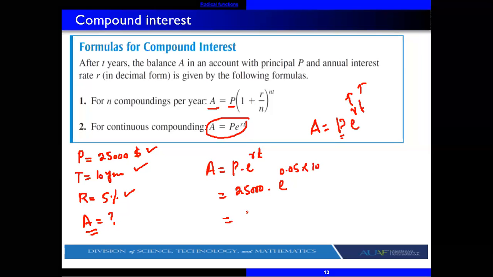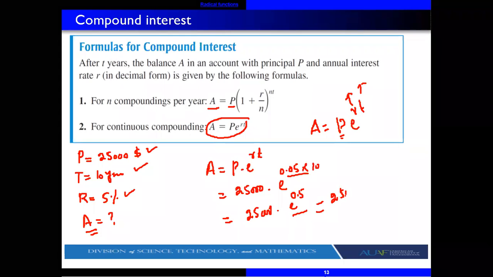So we have 25,000 e power 0.05 multiplied with 10, which equals 0.5, and e power 0.5 equals 1.64.